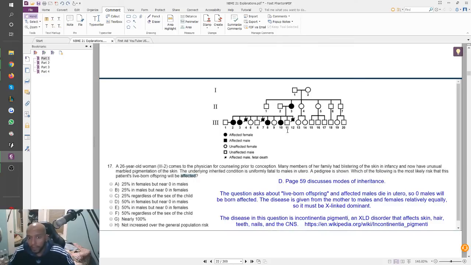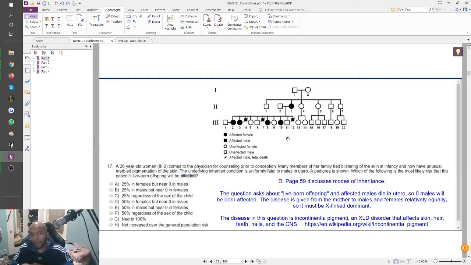And that's all that's happening here. To some of the kids, she gave her good X chromosome. To some of the kids, she gave her bad X chromosome. The sons that got the bad X chromosome died. The sons that got the good X chromosome lived. That's all you're seeing here, right? This is not autosomal dominant or autosomal recessive either, because you have to remember autosomal recessive is usually enzymatic deficiencies.